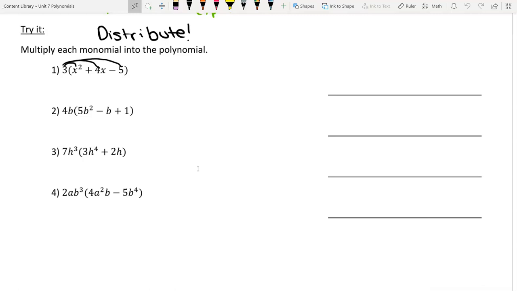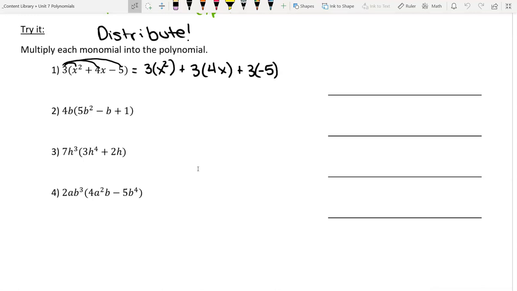So here I'm going to write it out like this, just for the first couple, so that you see what's happening. I'm getting a 3 is getting the x squared, plus 3 is getting the 4x, and then plus 3 is also multiplying by a -5. See how I just gave a 3 to each part of that? Then you just do the math and clean it up.